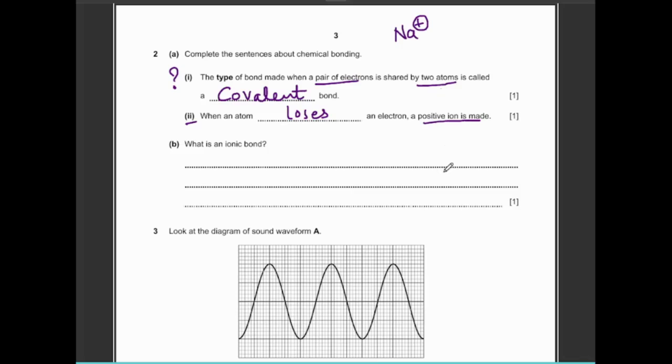Okay, fine. What is an ionic bond? Most of you will make a mistake. Sharing of electrons or give and take of an electron is used as a word. Ionic bond is not such a kind of bond.